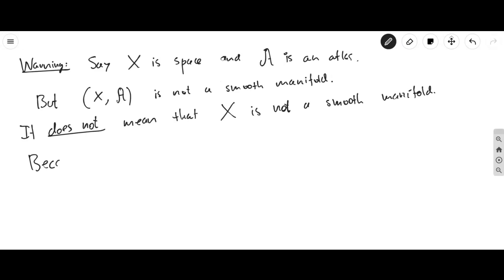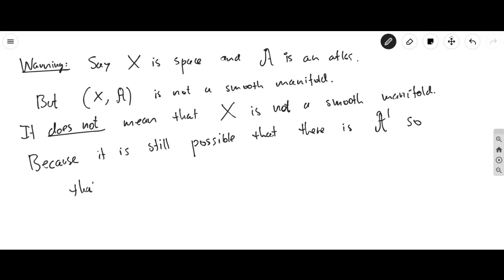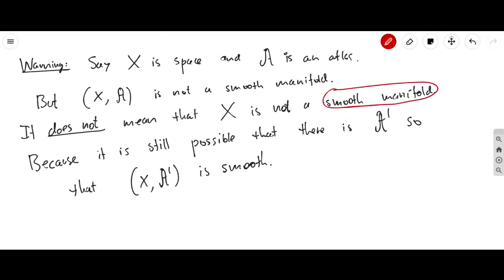Because it is still possible that there is another atlas A prime, so that X comma A prime is smooth. So maybe we can find a different atlas that will be smooth. Whenever we say that something is a smooth manifold, all it means is there exists an atlas that makes it smooth. Okay? So that's when we just talk about X by itself.